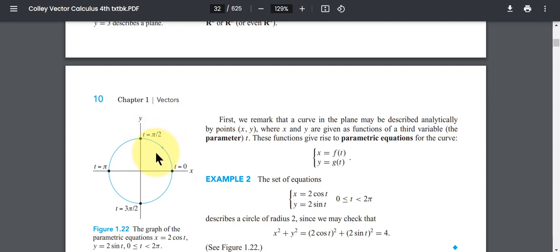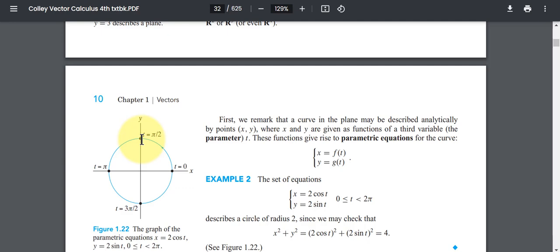It could go all over the place, but no. It turns out that for any t, you get a pair of x and y, and every pair of x and y is going to be on this circle, and you will be moving along that curve. So that's not obvious, but it is true.